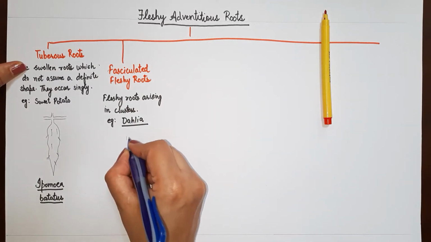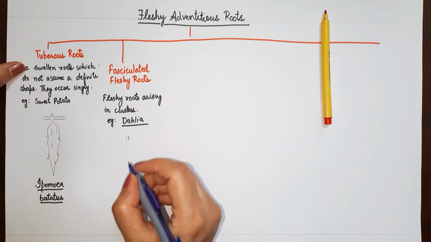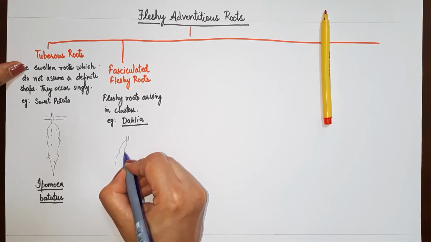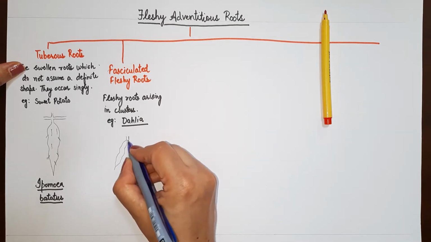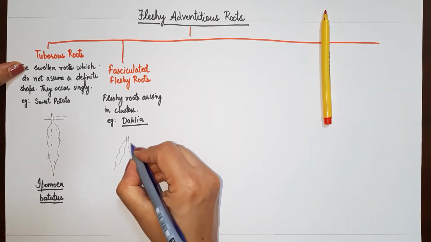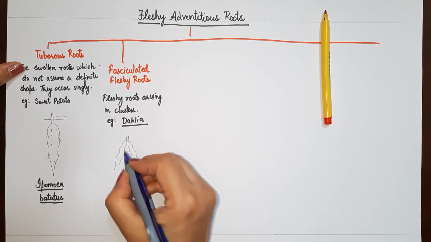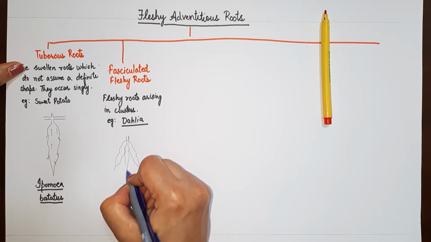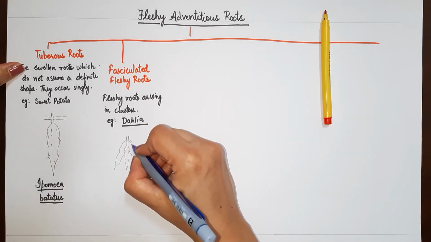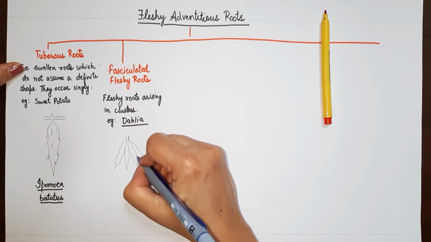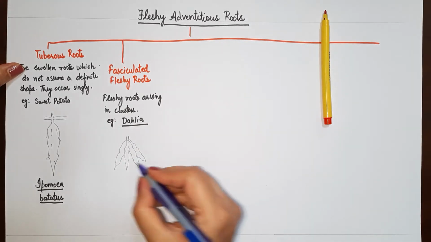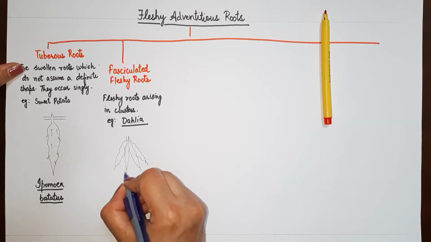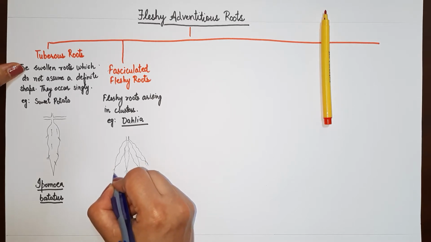So for dahlia, you have to draw the stem part, and then you will show multiple irregular roots, you can show minimum 4, and at the tip the non-fleshy part is present.